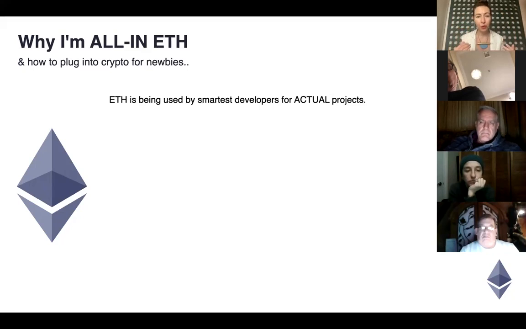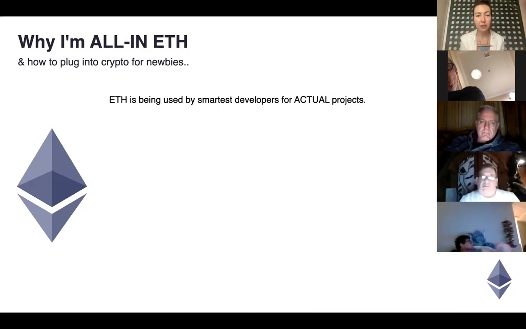Ethereum is a cryptocurrency, so it has an asset-related value to it, and it's being used to process transactions between contracts, between projects, between people, between operations. I'm not going to get into too much technical stuff. I need you guys to understand the value of Ethereum, okay?